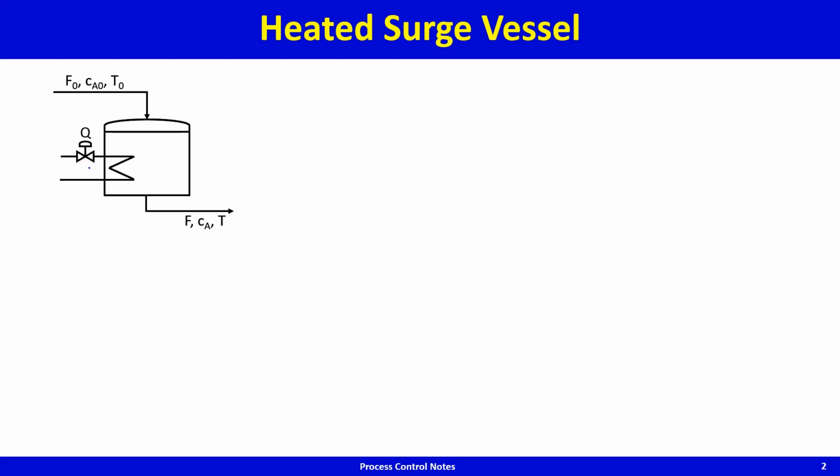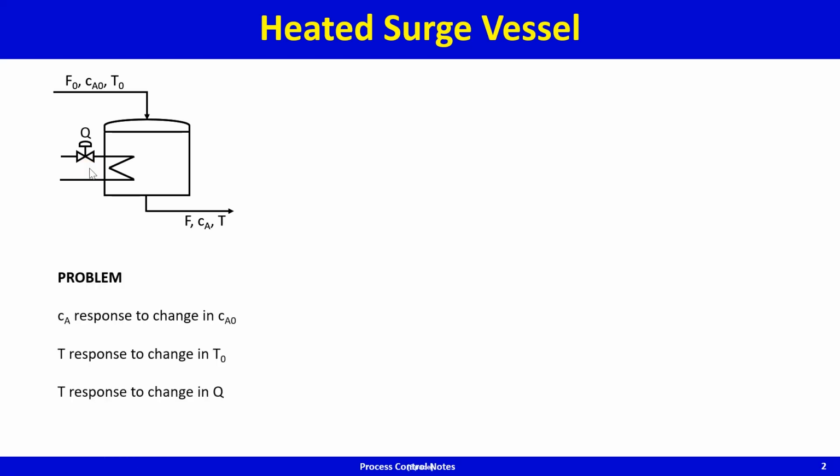What we want to do is get the response, how Ca responds as Ca naught changes, how the temperature T responds as T naught changes, and F naught is supposed to be constant.